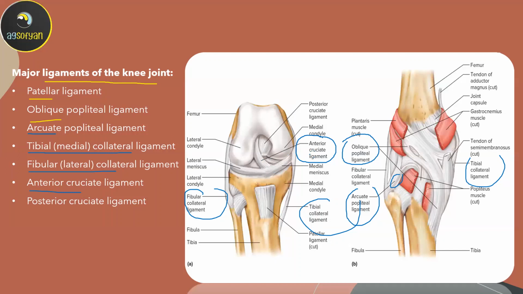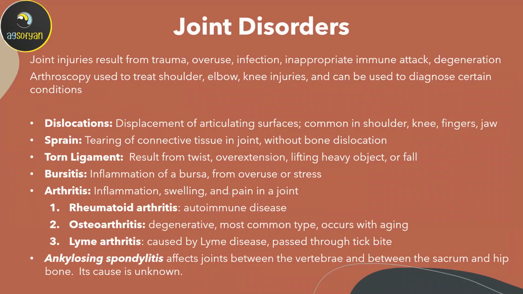So sometimes this small ligament over here can be broken. This is the cruciate ligament. The posterior cruciate ligament is on the back, under the anterior cruciate ligament. So these are several ligaments that strengthen the knee joint.